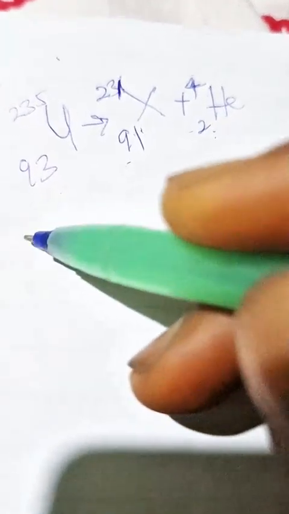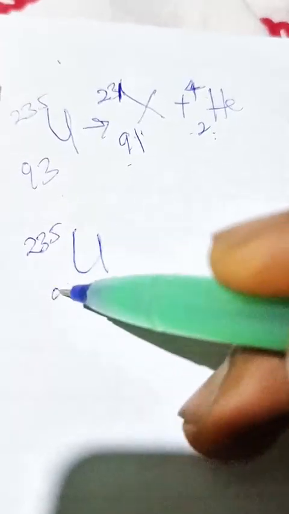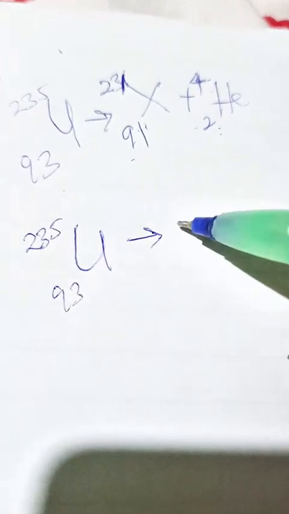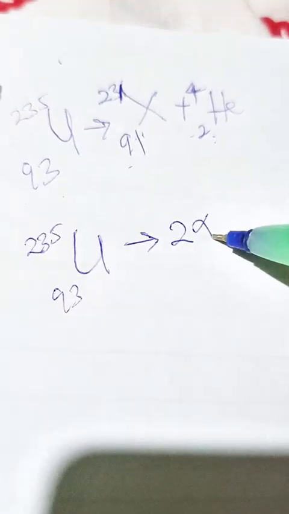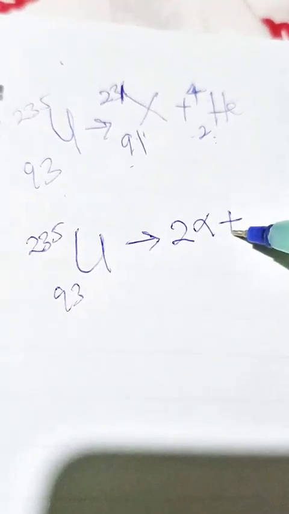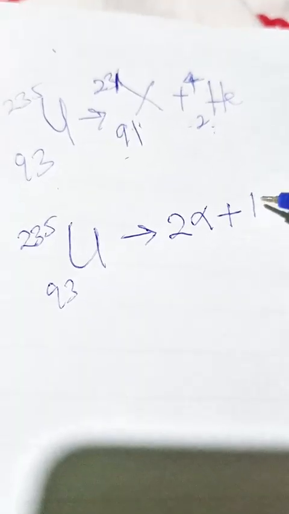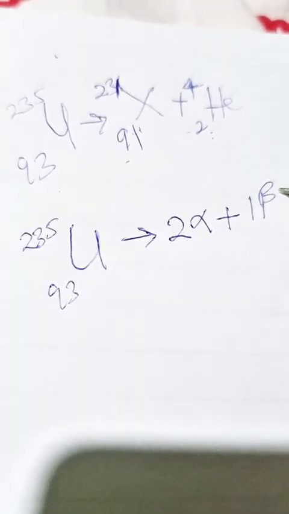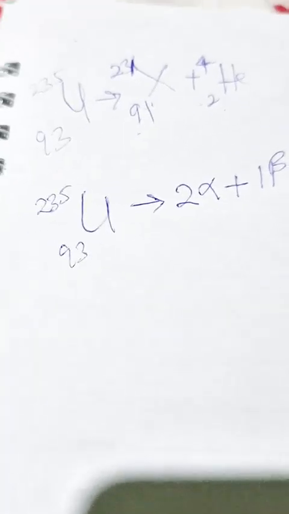Now let's try another question. 93, they might tell you 2 alpha particles and maybe 1 beta particle was emitted. Then they now ask you to find the value of x. All right, so you were given uranium, 2 alpha, 1 beta, and x. You were asked to find the x.